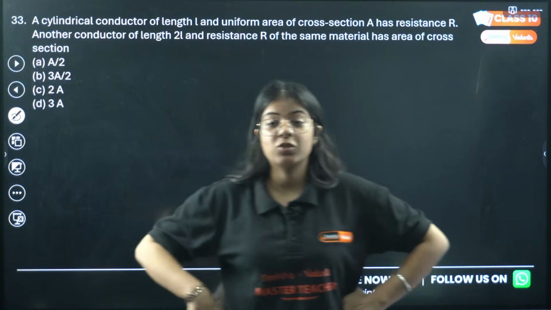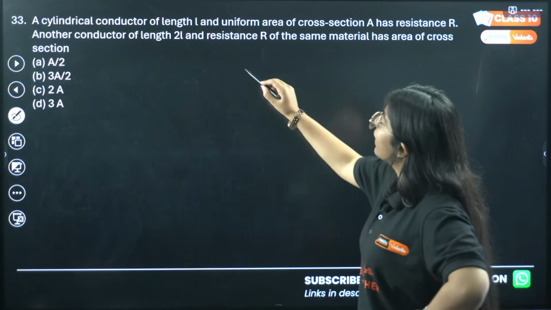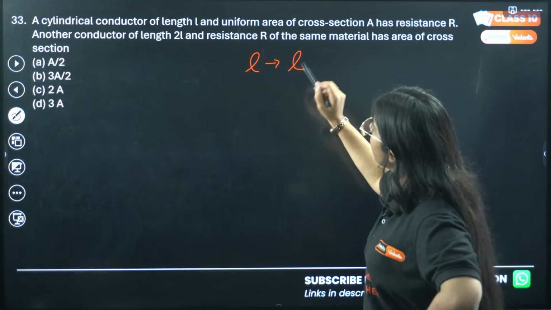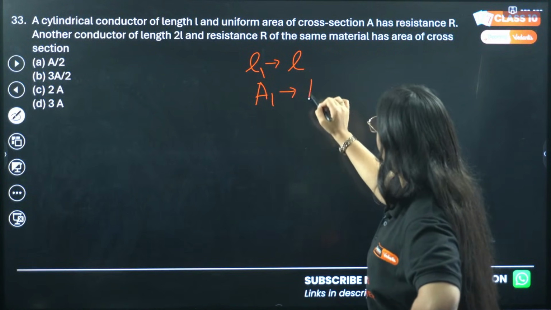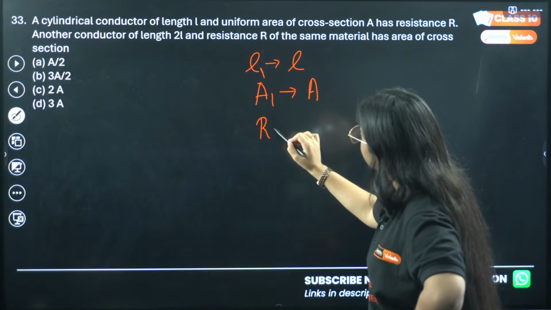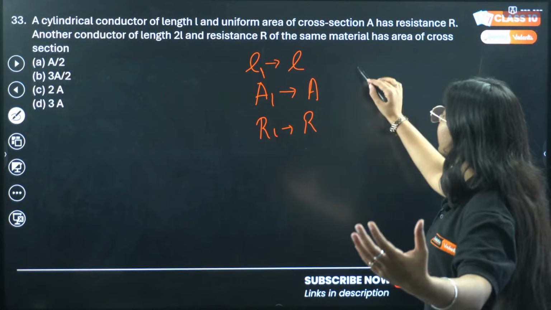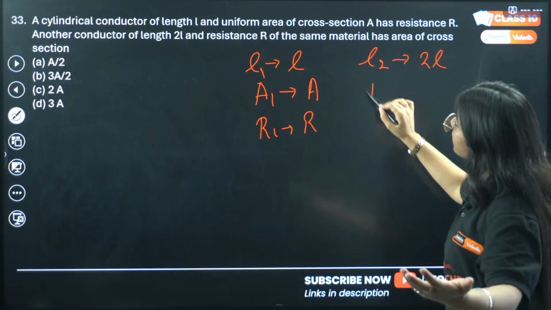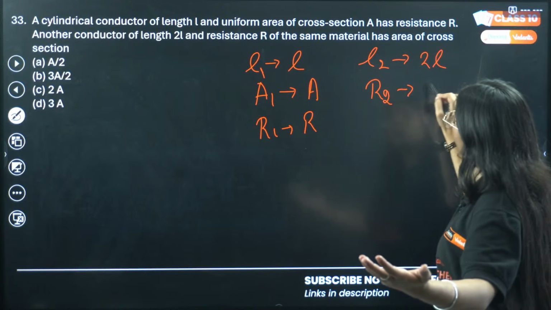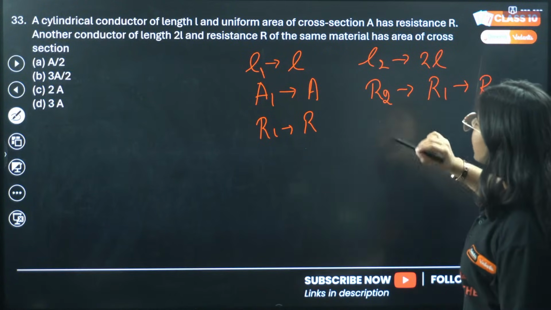Okay, we are on the next question. Read it carefully. A cylindrical conductor of length L and uniform area of cross section A has resistance R. Another conductor of length 2L, resistance is same, R2 is also equal to R1, which was R, and has same material.